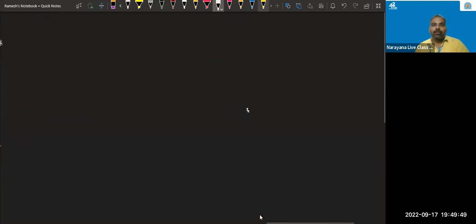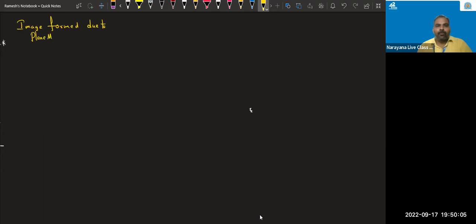So now, a very, very important concept: image formed due to plane mirror.